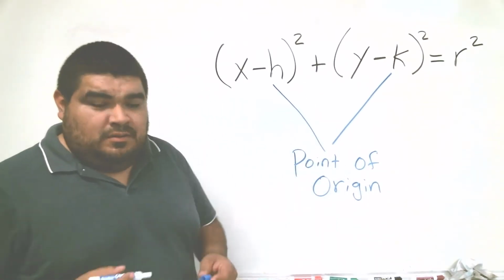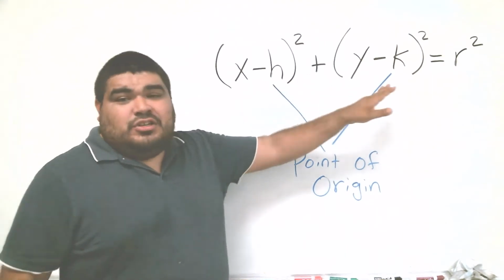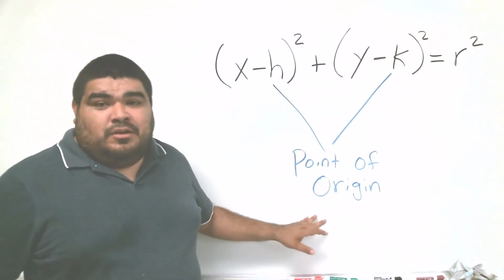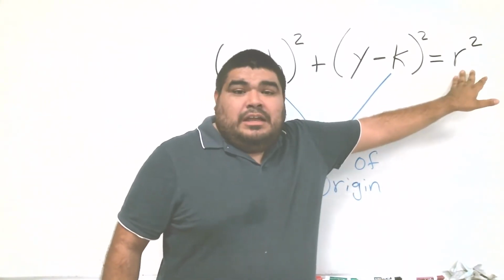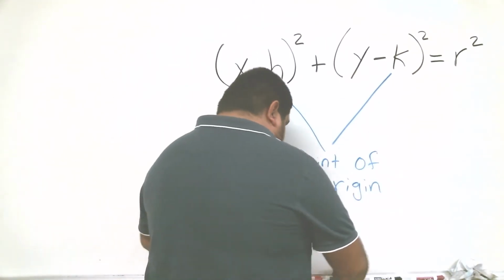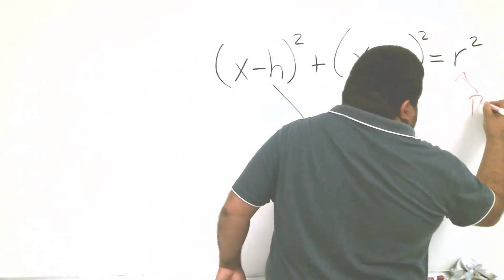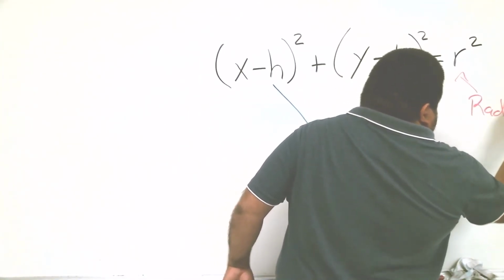Okay? That's all you have to know for now, all right? Just h and k is your point of origin. Your r is the radius, okay? So radius.